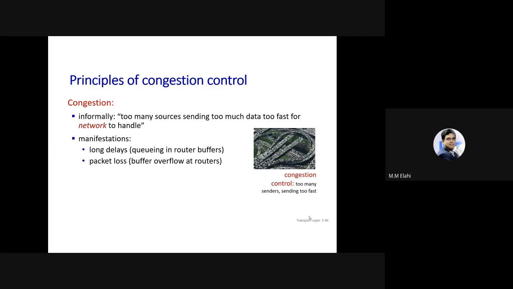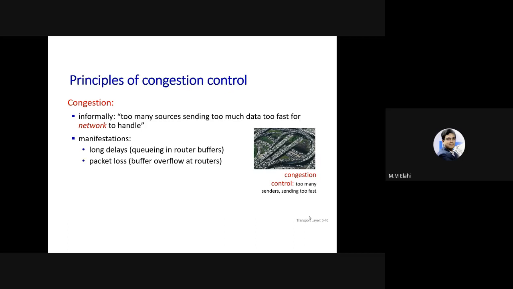But this capacity is not the receiver's capacity only. This capacity is the capacity of intermediate links and intermediate devices. What can be the problem with congestion if we do not do congestion control? Delay will be long, definitely. Even if we increase the buffer size in the routers, the delay will be much larger.